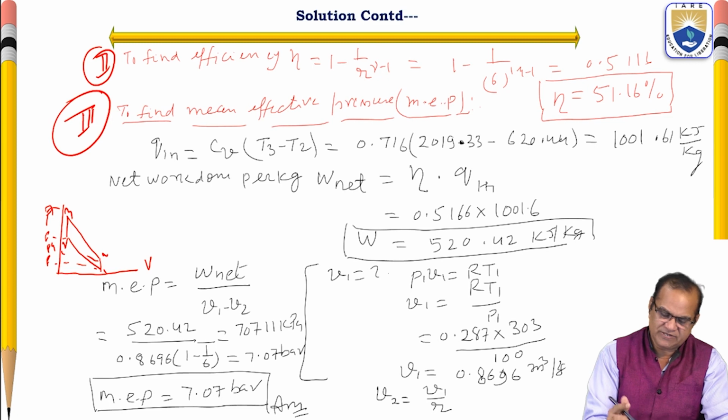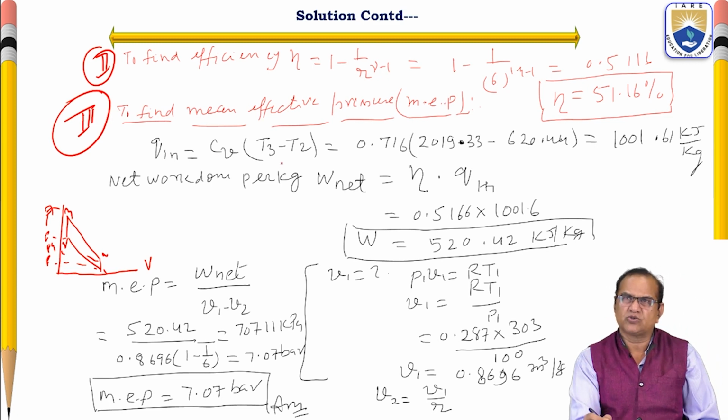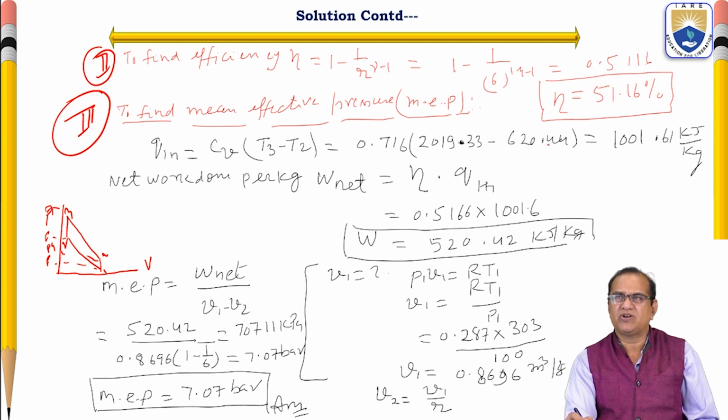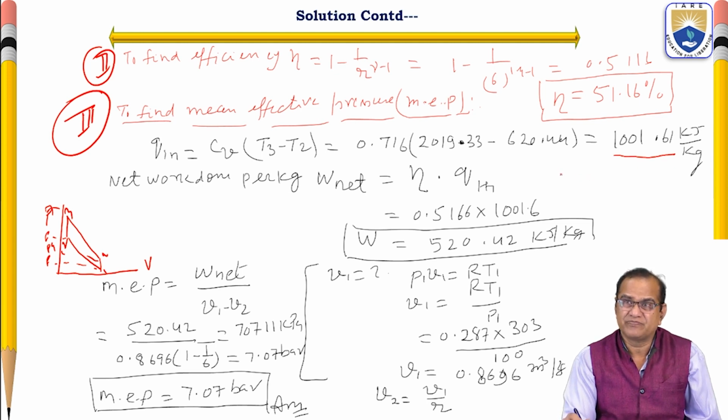So we know that Qin is equal to Cv (T3 minus T2). Cv is equal to 0.716. T3 we have found out, 2019.33 minus 620.44. So you will get 1001.61 kilojoule per kg. But we know that eta is equal to W by QH.